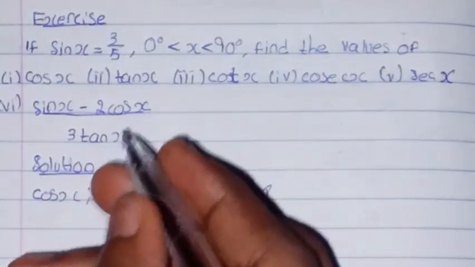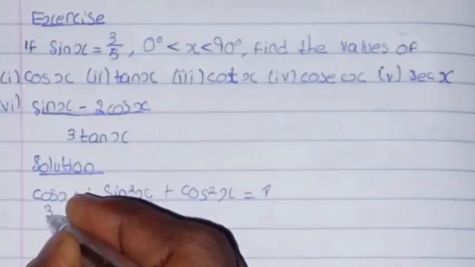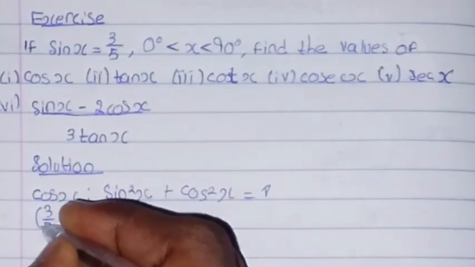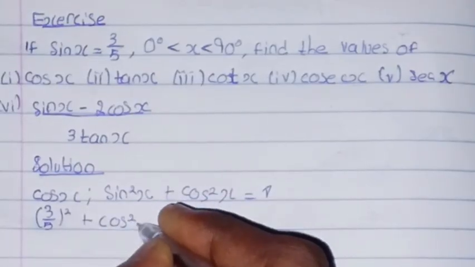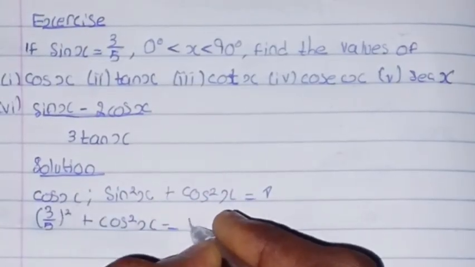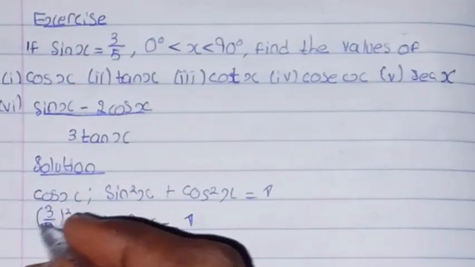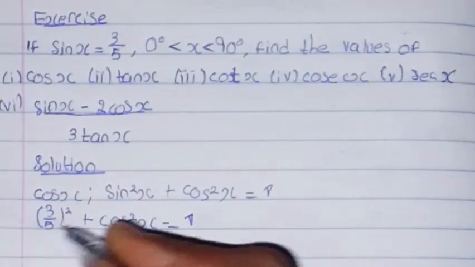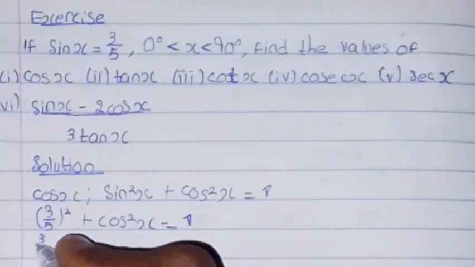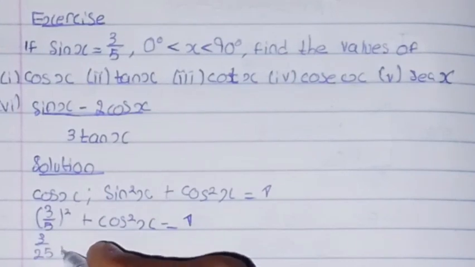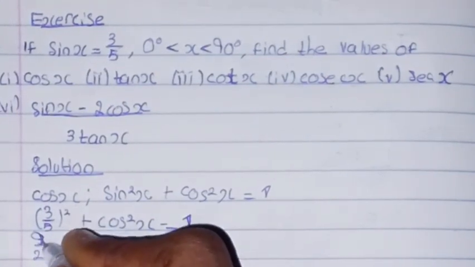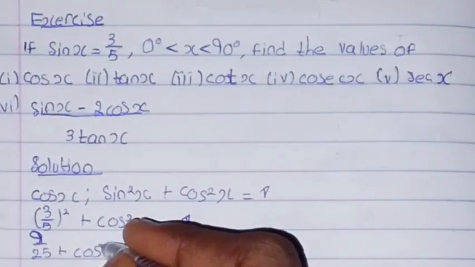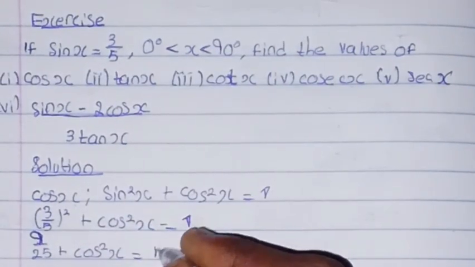So meaning that we can plug in our values and see that 3 over 5, which is sin x, all squared, plus cos square x will now equal 1. So now, 3 squared over 5 squared, that's the same thing as 9 over 25, plus cos square x will be equals to 1.